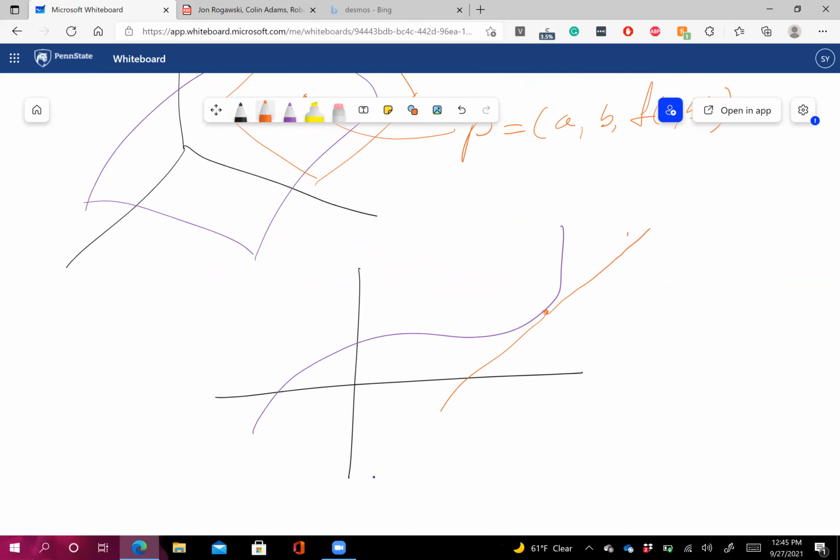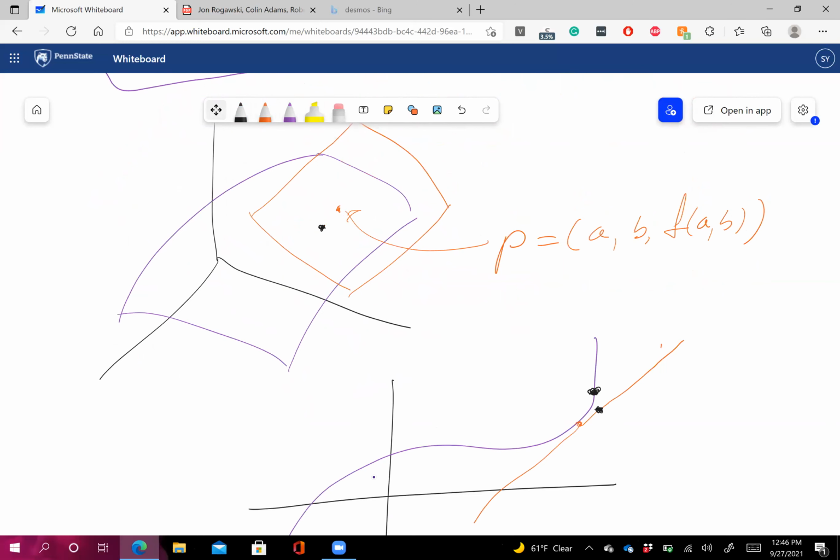And then if you want to find the value of this function, instead of looking at that point, which might be complicated depending on how the function looks, you could look at the point on the line and approximate the value of this point by the value of this point. So we're going to try to do the same thing with 3D surfaces. Rather than figure out the value of this point on the function, we can figure out the value over here on the tangent plane, and it might be easier to do that.